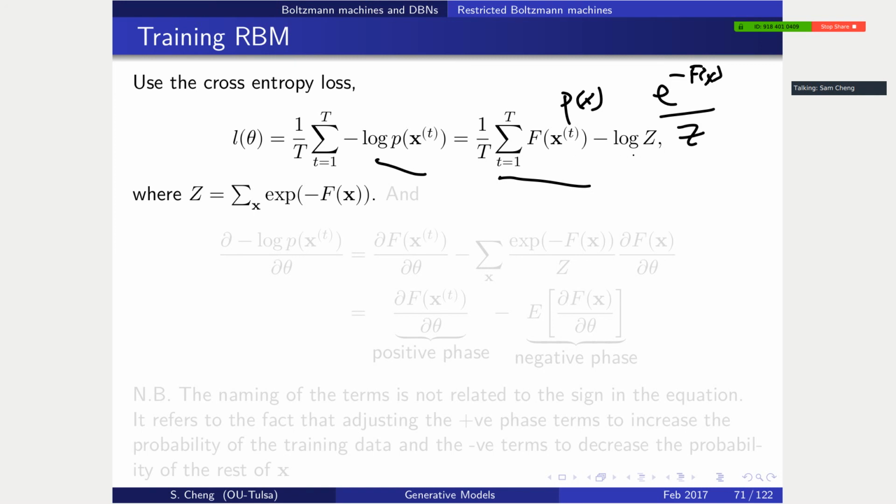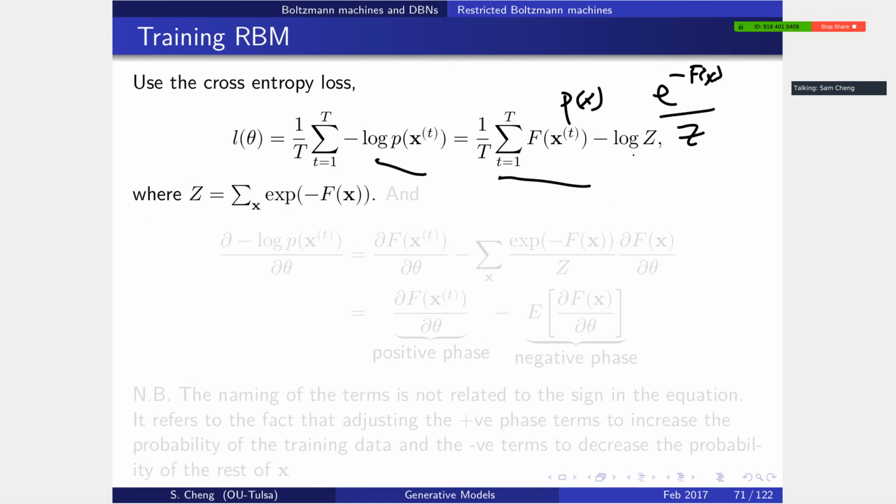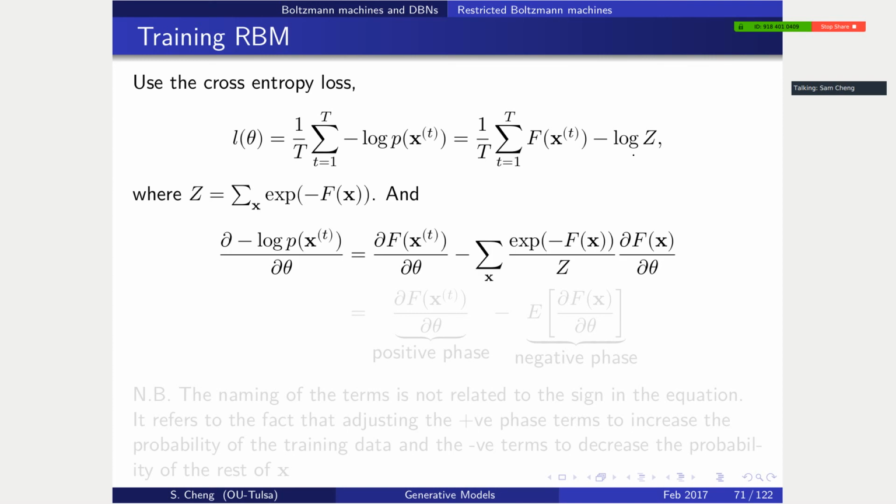Anyway, if I just look at one of these terms, so let's say I'm trying to minimize the cross entropy loss, but I only focus on one of the T terms.